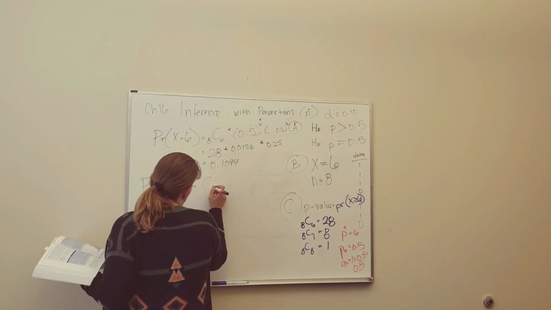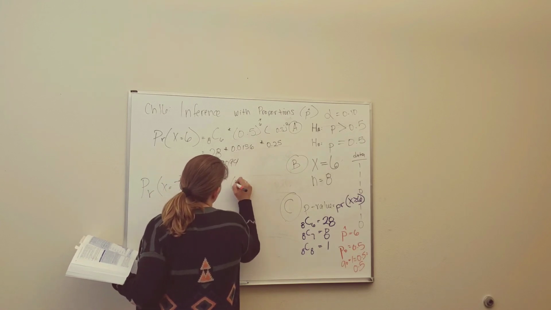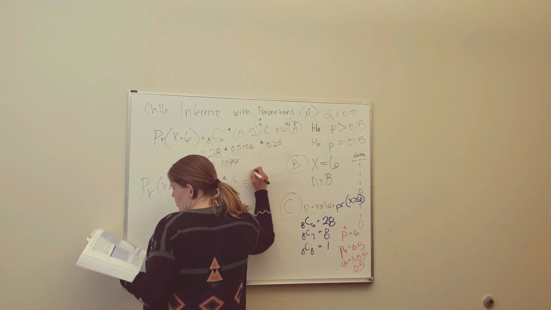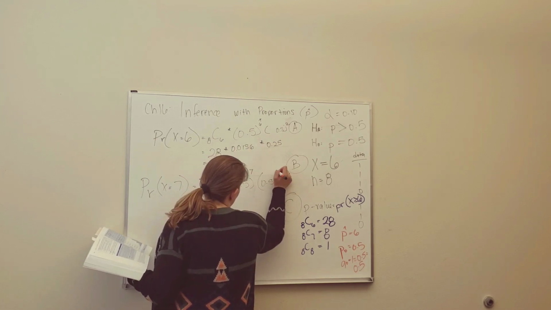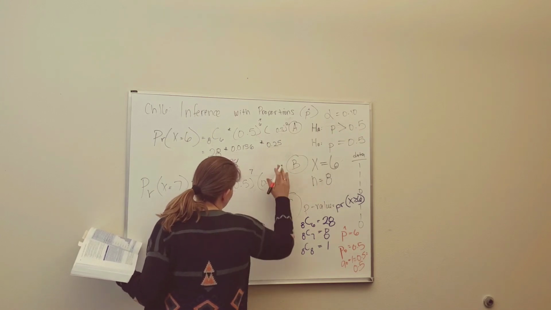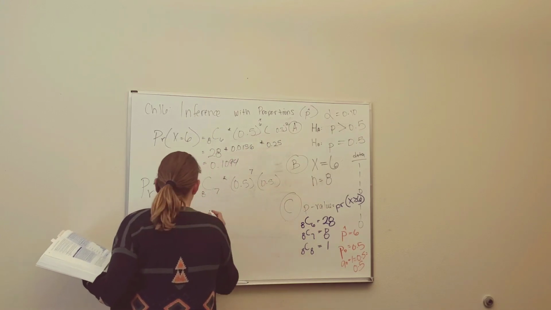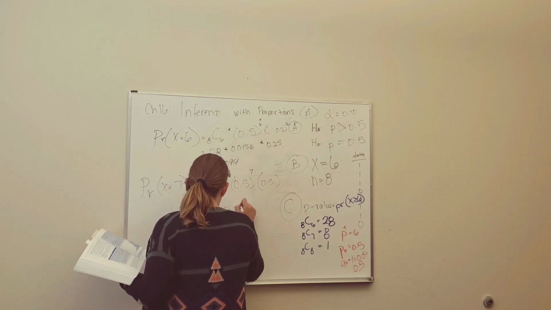We do the same thing for the probability of x equaling 7. Be aware that these values are going to change, because now we're looking at x equals 7, 0.5 raised to 7, times 0.5 raised to 8 minus 7, which becomes 1, which means nothing happens, it stays 1/2, equals 0.0313.